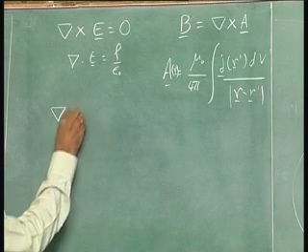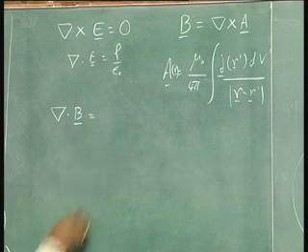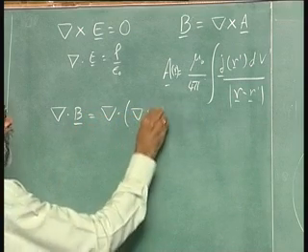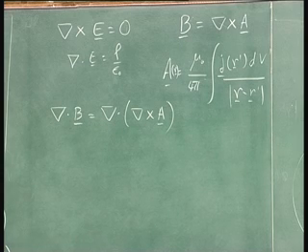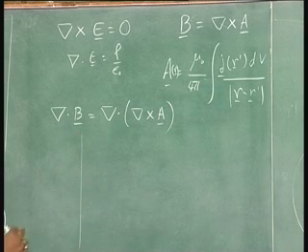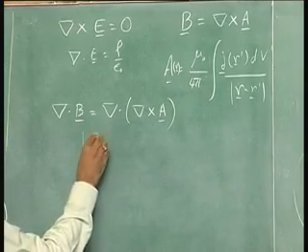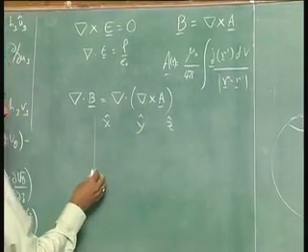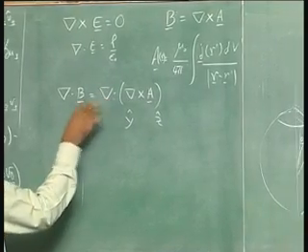So, when we take the divergence of B, it is actually the divergence of the curl of some vector A, and you put it into your matrix, and I am working in Cartesian coordinates x hat, y hat, z hat dot divergence.